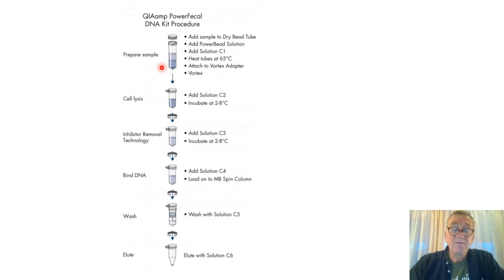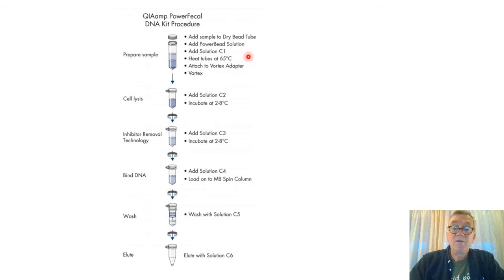Some bacteria are very difficult to lyse because they have strong cell walls. So these dry beads will do that job, because we add the beads, we add the solution that helps the cells to lyse, and we heat them. All these steps will lyse the cells or help for lysing the cells.